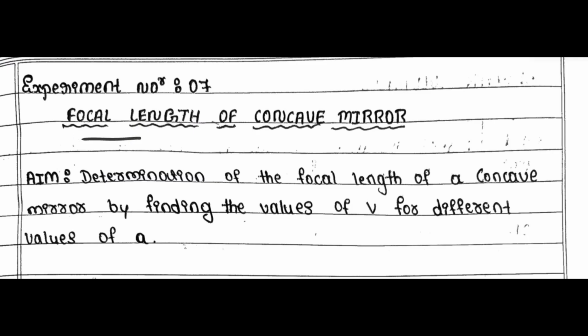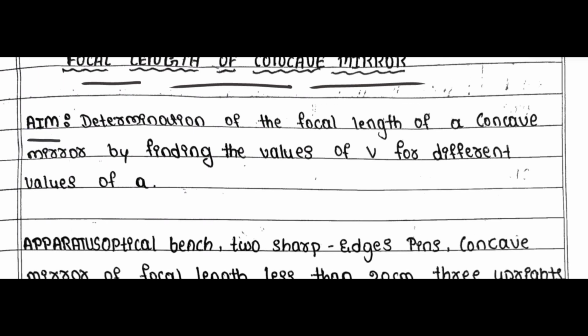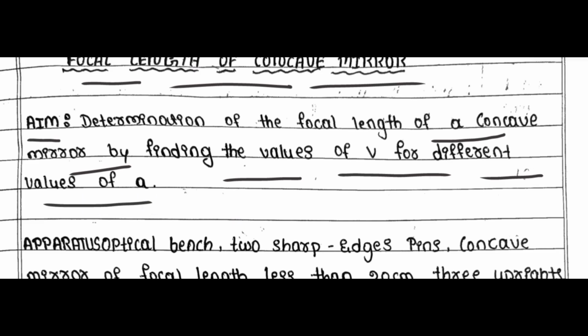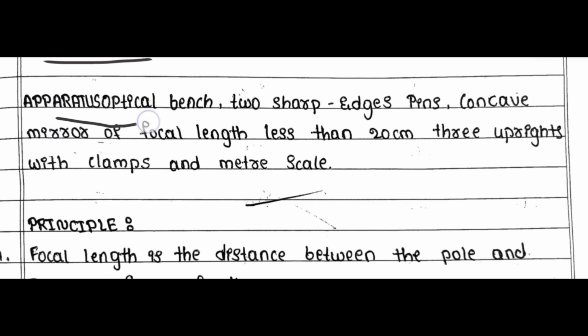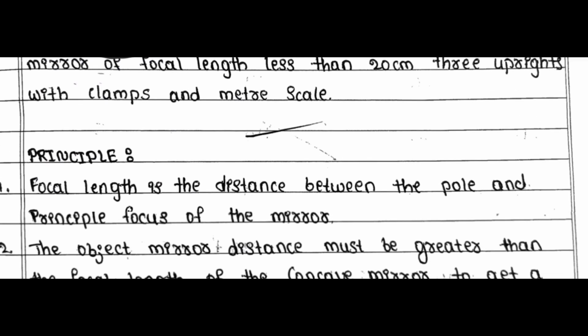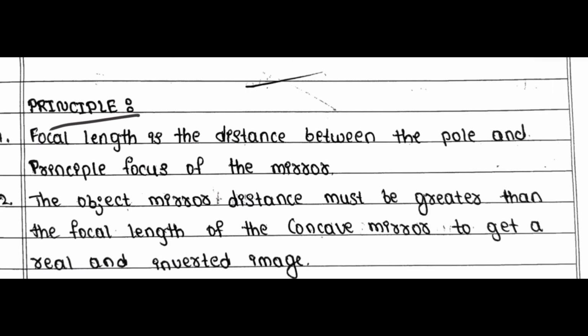This is the heading, focal length of the concave mirror. This is the aim of the experiment: determination of the focal length of the concave mirror by finding the values of v for different values of u. Here are the apparatus required, and this is the principle of the experiment.